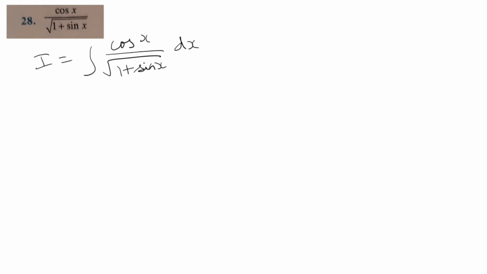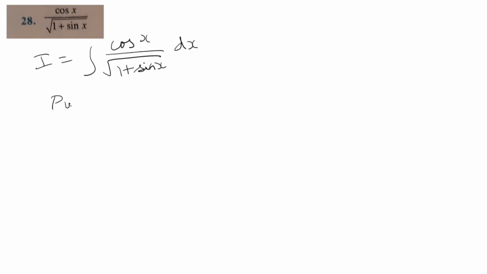Next question, cos x divided by square root of 1 plus sin x. This question is also very simple. So let us take I is equal to integral cos x by square root of 1 plus sin x dx.